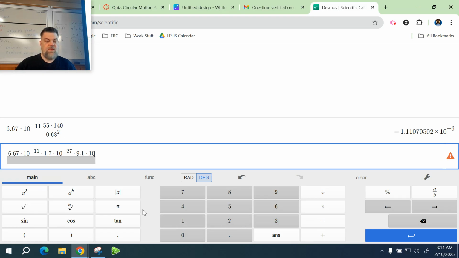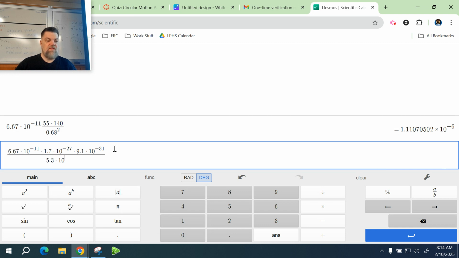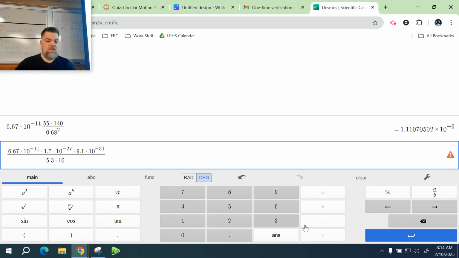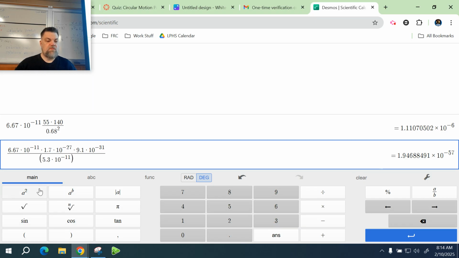They got the wrong thing written down. Raised to the negative 31. And then on the bottom, the distance between the two of them is 5.3 times 10 raised to the negative 11, wasn't it? Yeah, to the negative 11. And I'm going to put that in parentheses because I'm going to square it. Yeah, so that's the right answer right there.